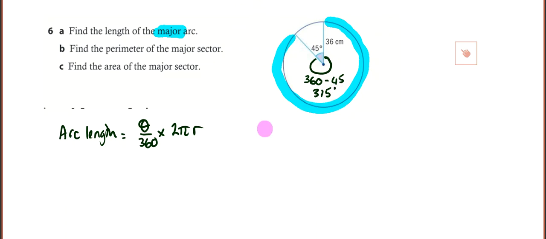So we need to do it with 315 degrees out of 360 times pi times the diameter, which is 72 in this case. I did the 2 in the other. Yeah, 63 pi. What did you get? 63 pi. So if it said expressed in terms of pi, that's what you would leave it as? Yes. Rather than pressing your SD button.